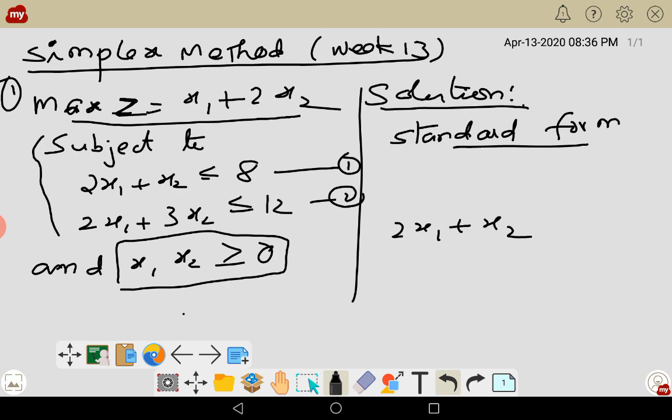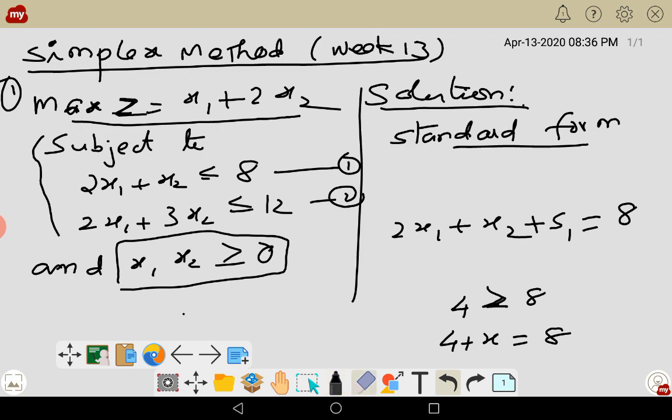But here, the inequality will be converted into equality by adding some variable to the left side of the inequality. Roughly, if 4 is less than 8, how to make them equal? Add something to the left, isn't it? If we add x to the left, it will be equal, and then we can find the value of x. So when you add some variable to the left side, the less than or equal inequality will be converted into equality. If there is a greater than or equal inequality, we are supposed to subtract that. That is a different case, right?